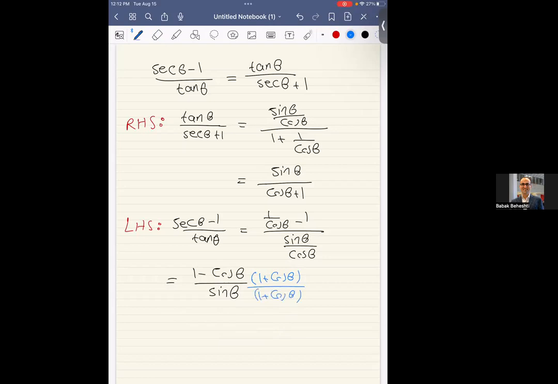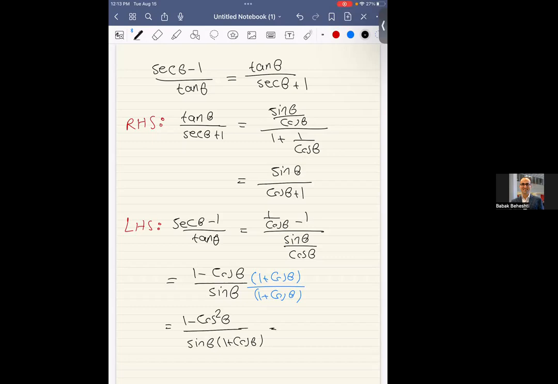Okay, so let's do this. So what you get is, on the top, you have 1 minus cosine square theta. At the bottom, you have sine theta times 1 plus cosine theta.